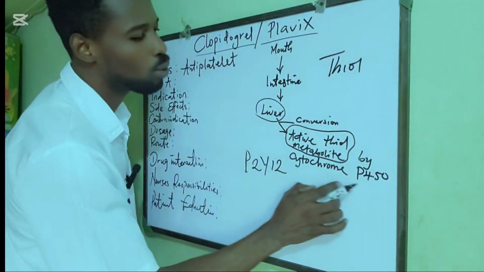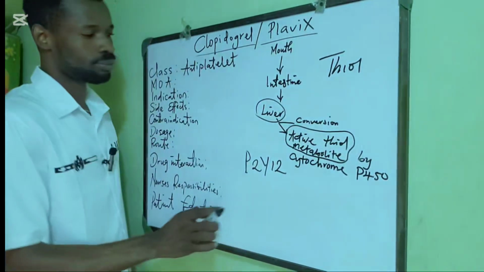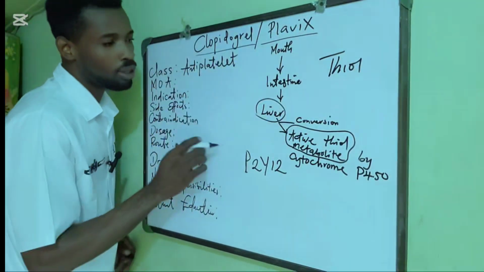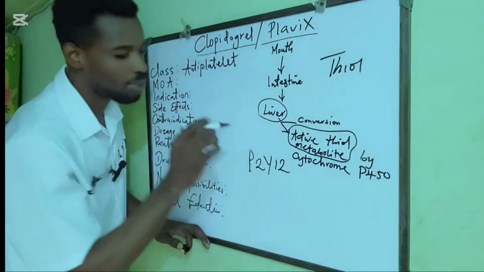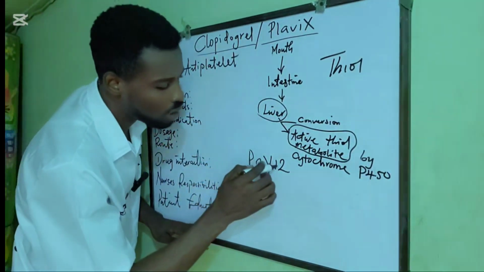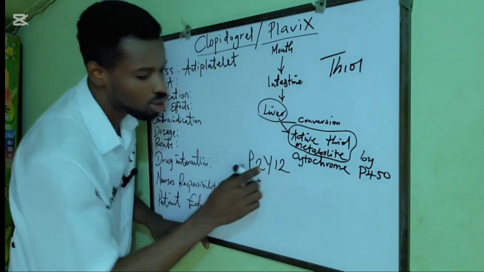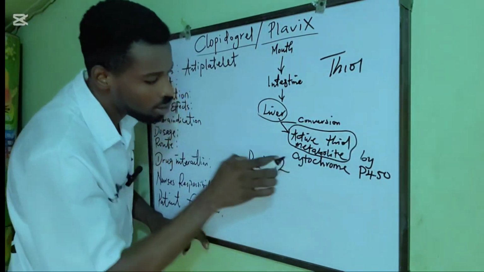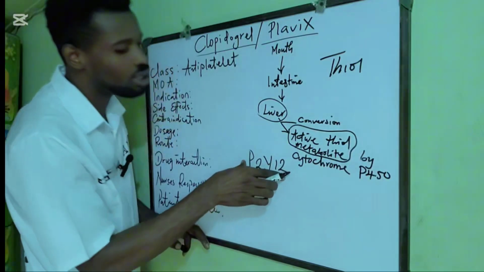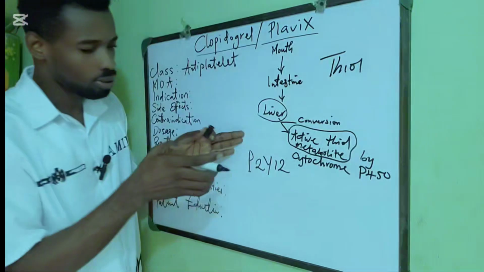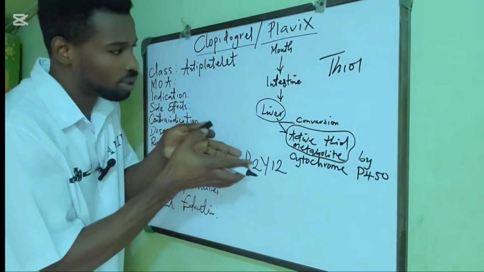called cytochrome P450. Now, this active form of clopidogrel is going to bind on a receptor called the P2Y12 receptor. This receptor is a protein found on the surface of the platelet. The main work of this protein is to bring about activation and aggregation of platelets.